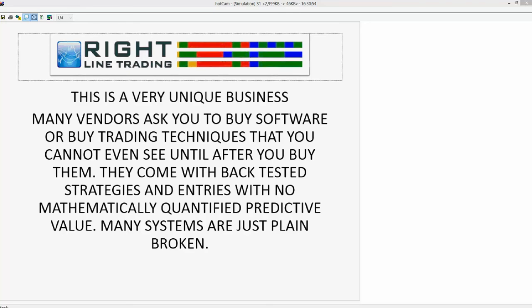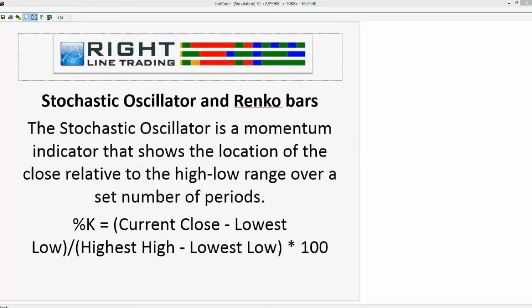And to give you a quick example, there's a system that I've seen in which a stochastic oscillator is used on a Renko bar based chart, and the oscillator determines movement from area of support to area of support, or area of resistance to area of resistance.